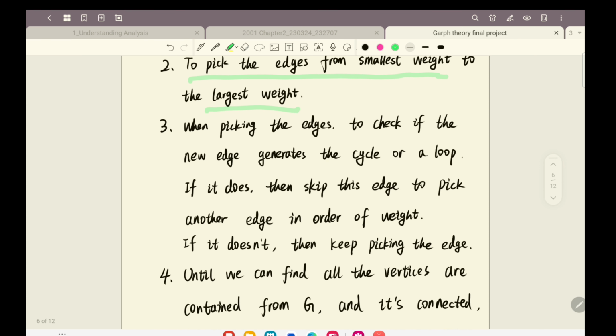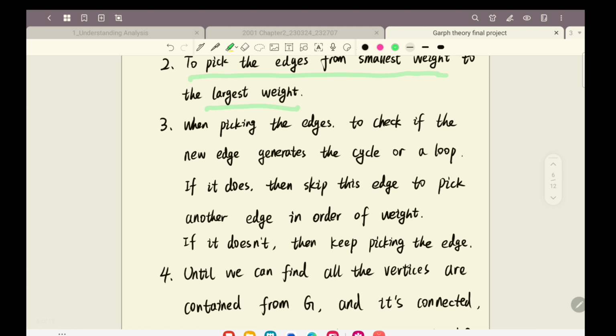The third step is, when we pick the edges, we need to check if the new edge generates a cycle or loop. A loop means a vertex connects to itself.